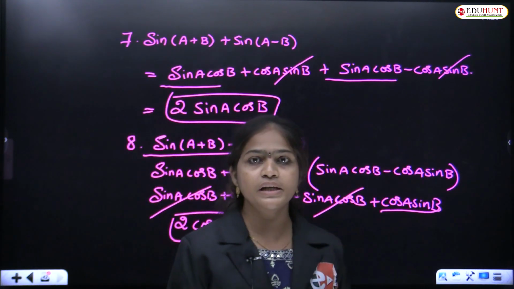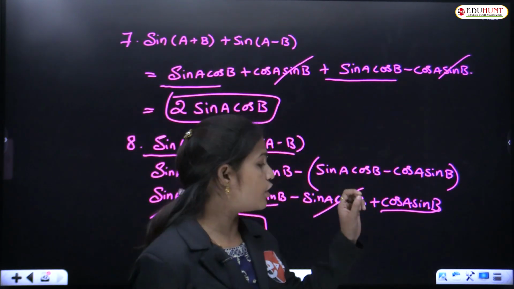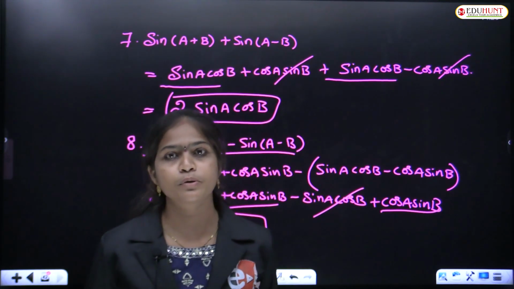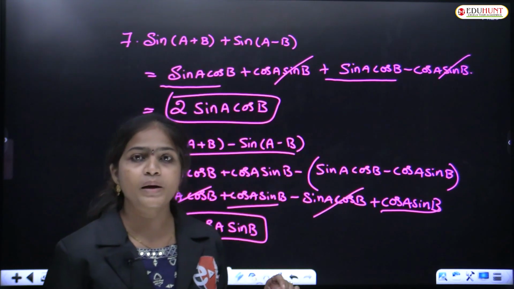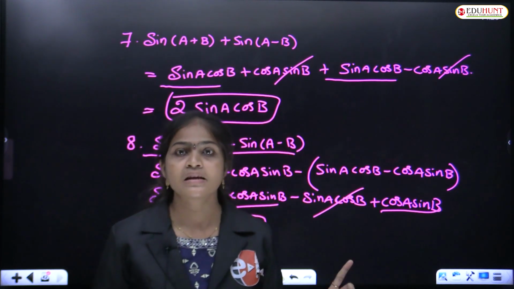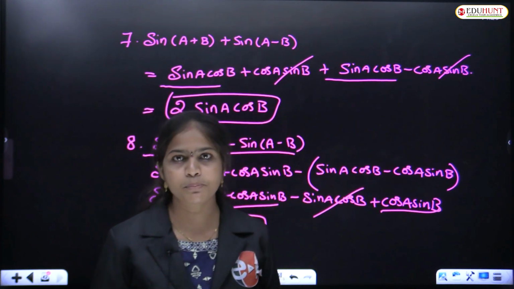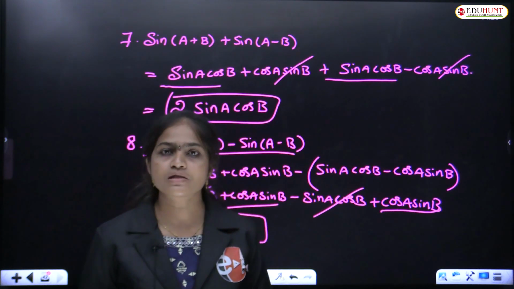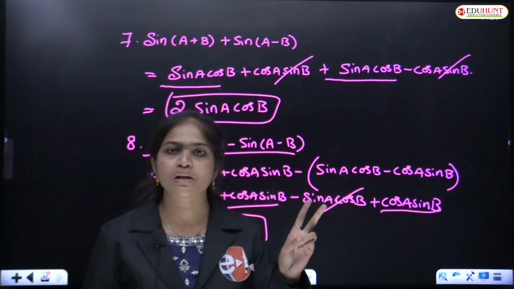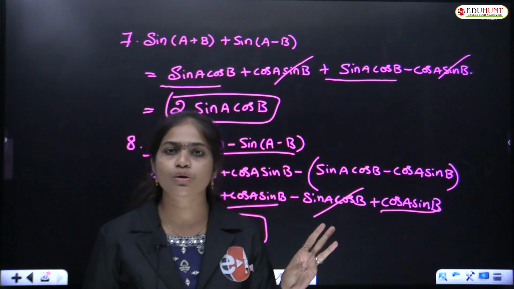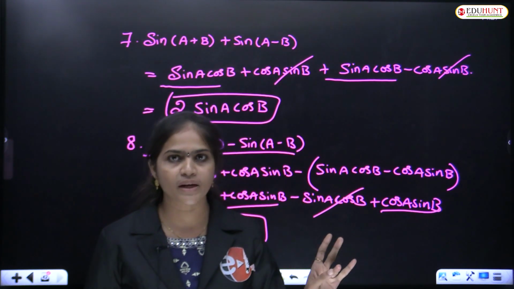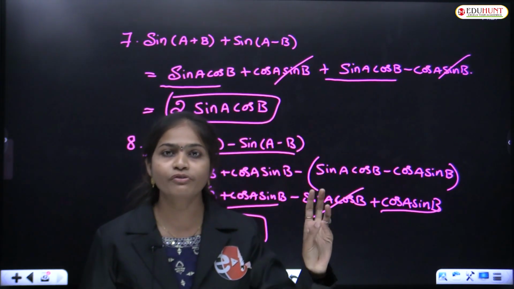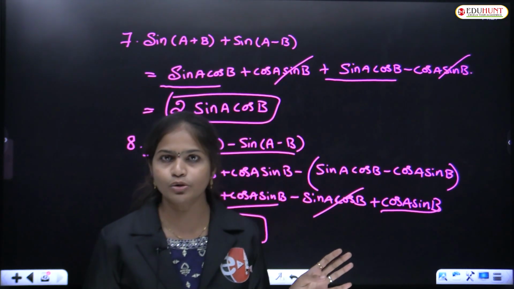Children, in this video how many formulas did we discuss in total? We discussed 8 formulas and their proofs. By using these 8 formulas, we will discuss the worksheet 1 problems next. The first formula was cos of A plus B, next cos of A minus B, next cos of A plus B plus cos of A minus B, next cos of A plus B minus cos of A minus B. That is related to cos.